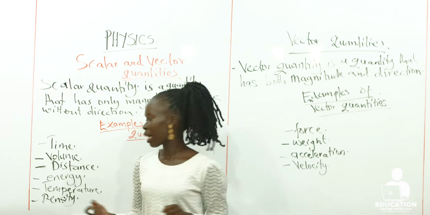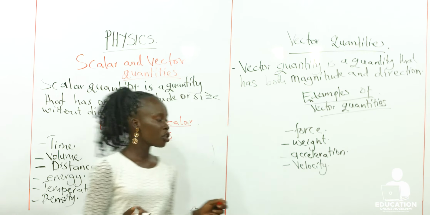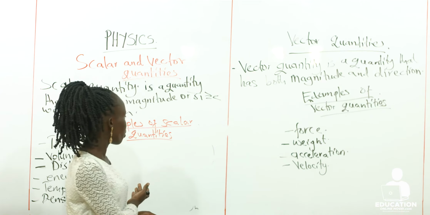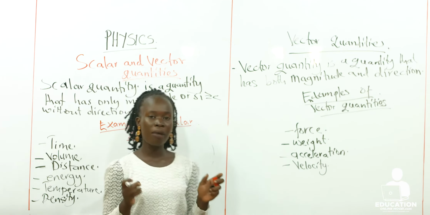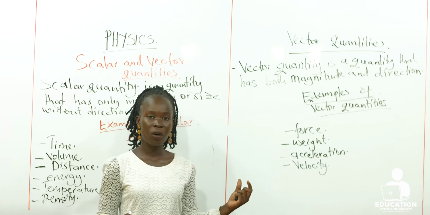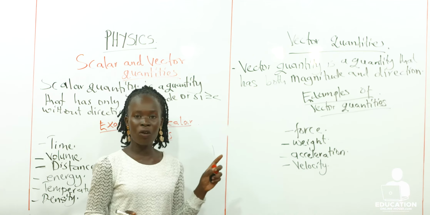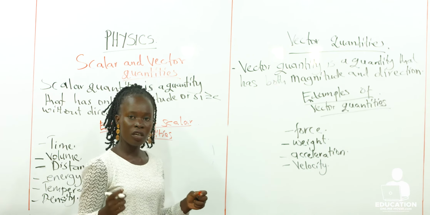So let's look at temperature, because we said temperature is a scalar quantity, and to some other extent it also becomes a vector quantity. How is that? For it to become a vector quantity, you don't just state it as temperature.